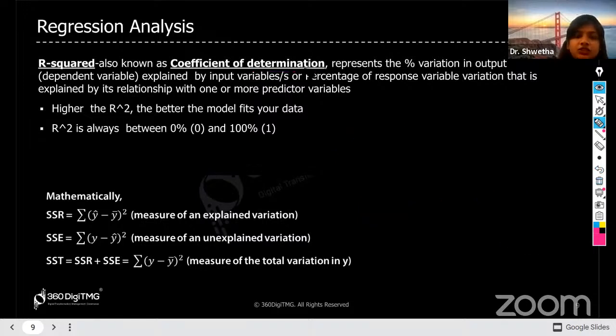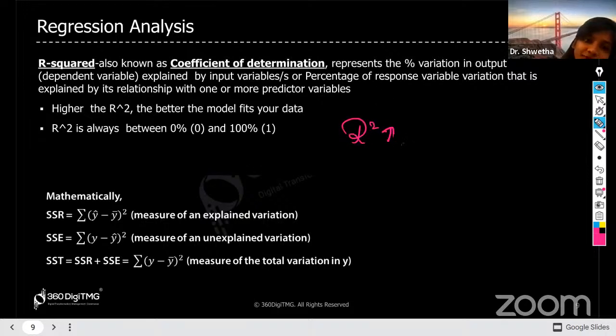It represents the percentage variation in the output variable explained by the input variable. So, how much y is varying with respect to x, or the percentage of response variable variation that is explained by its relationship with one or more predictor variables.